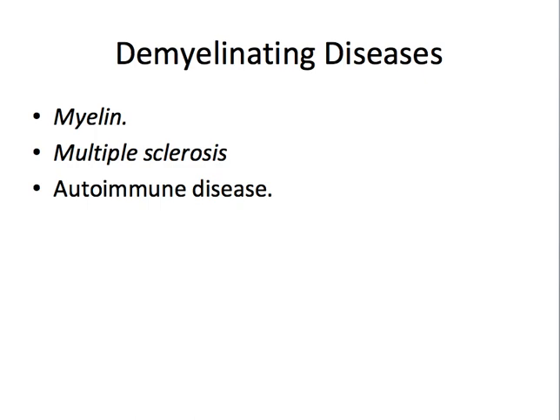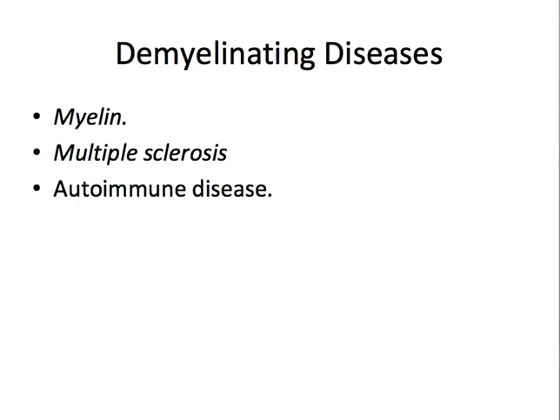Let me now give you a brief introduction to the common diseases of nerve and muscle. First, let's discuss the demyelinating diseases. Normal conduction of action potentials relies on the insulating properties of myelin, and defects in myelin can have adverse neurological consequences.